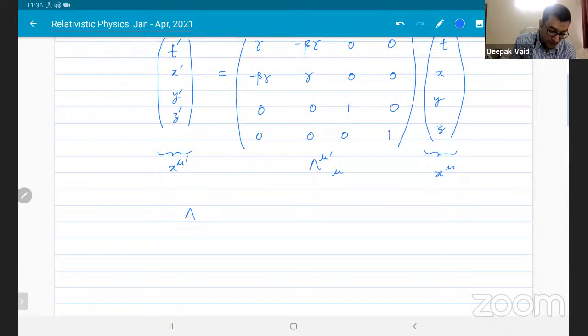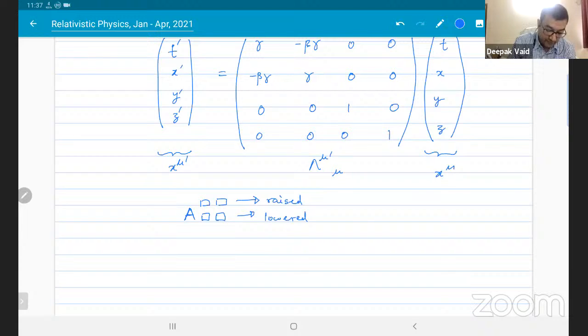So if you have any matrix, now remember, there are 4 possible slots for the indices. There are 2 slots on top for if your index is raised, and 2 possible slots if your index is lowered, right? And only 2 of those slots can be filled at any one time.